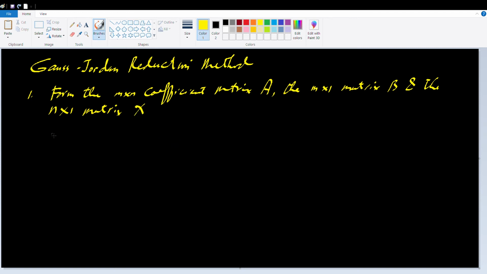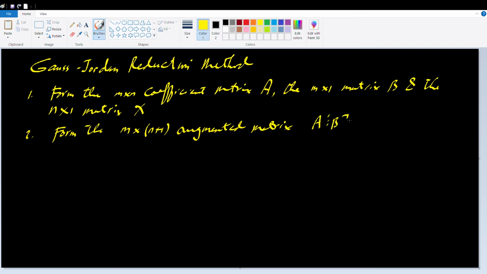Okay, then second, we form the m by n plus 1 augmented matrix [A B].